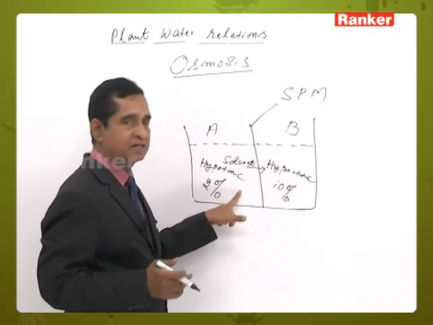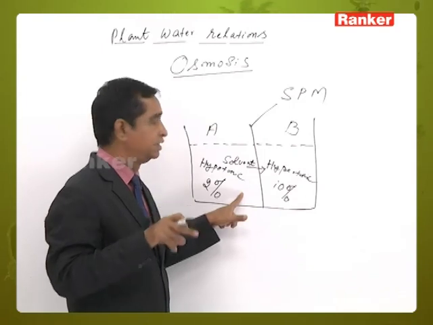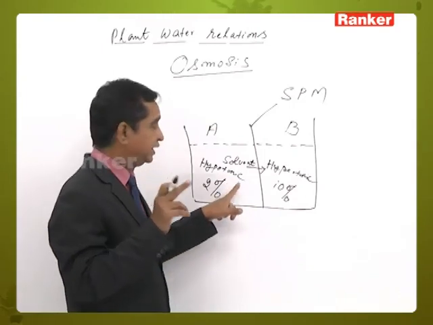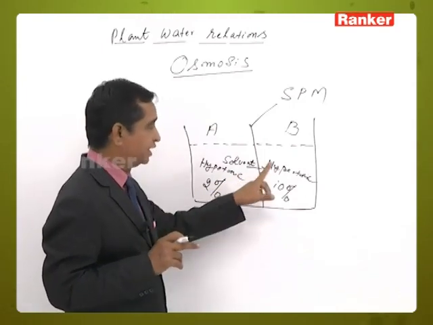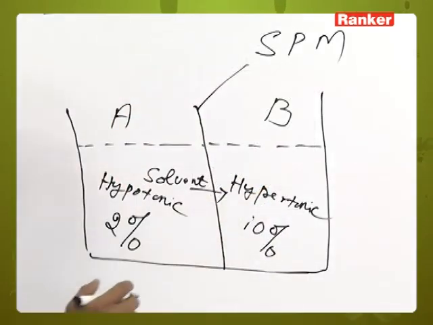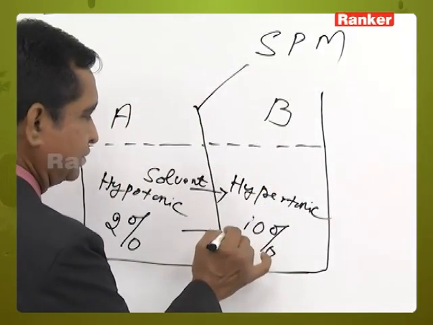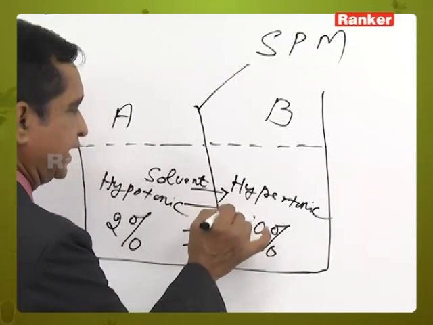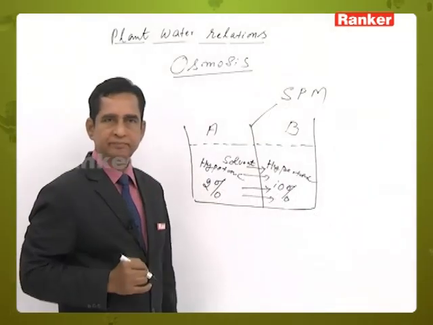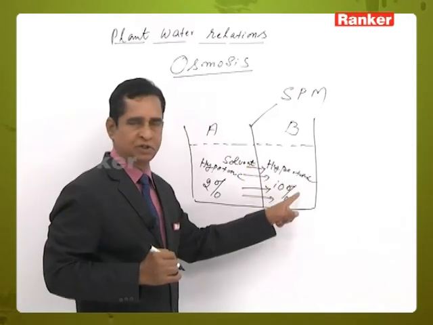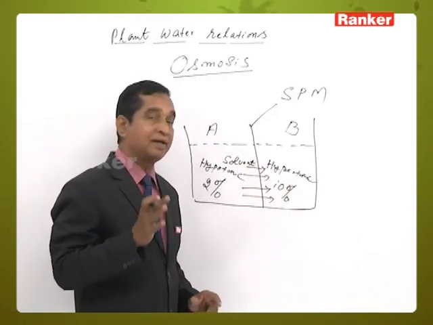So from its higher water potential, means more free energy is present in this when compared to this. Because of this, the solvent molecules enter into the higher concentrated solution. Till what level?